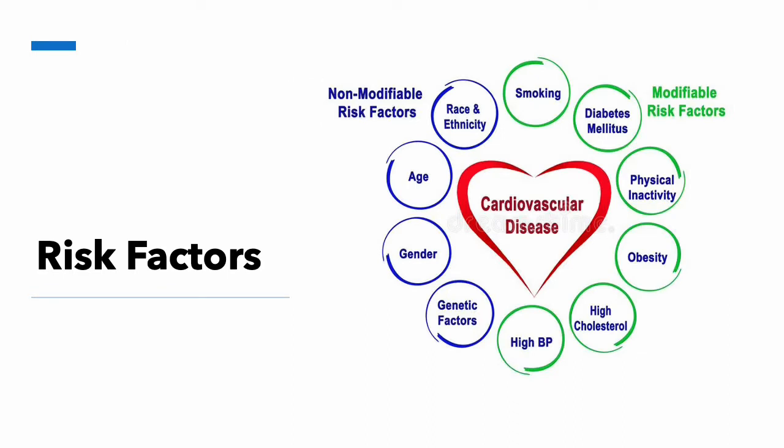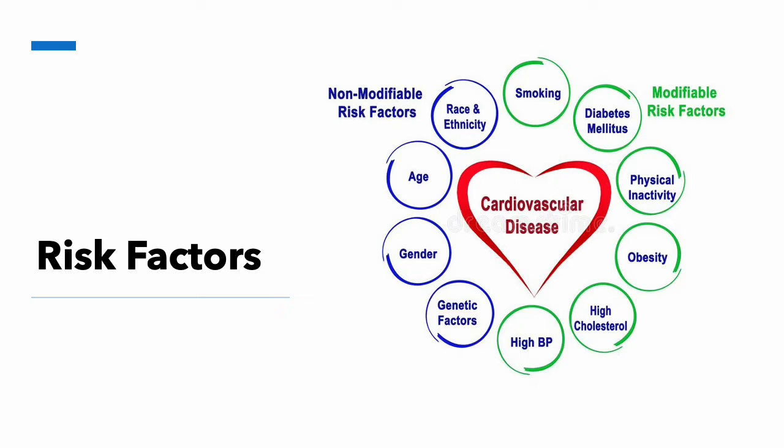So as I would have mentioned before, there are some persons that are at an increased risk of developing cardiovascular illnesses. And the risk factors for cardiovascular illnesses can be divided into non-modifiable, which are risk factors that cannot be changed, and modifiable risk factors, which are risk factors that can be changed.